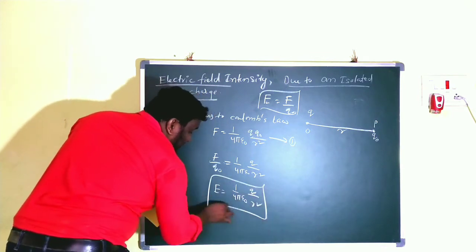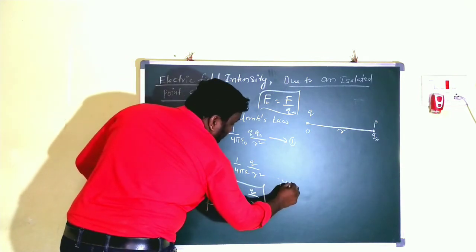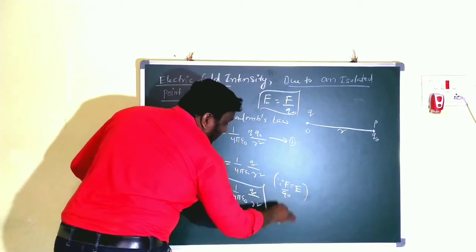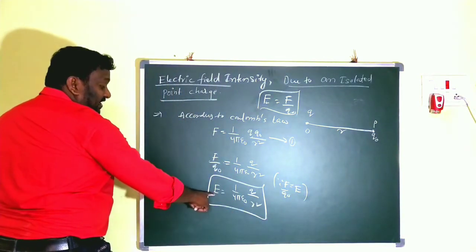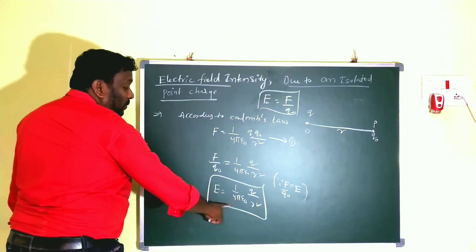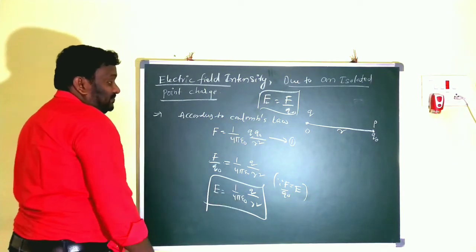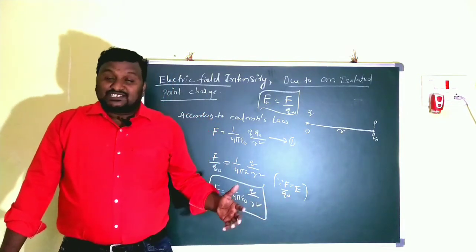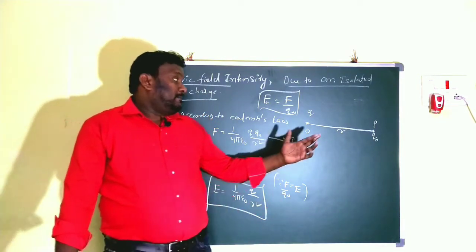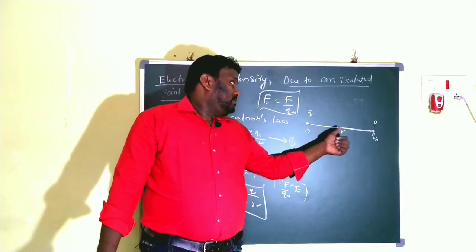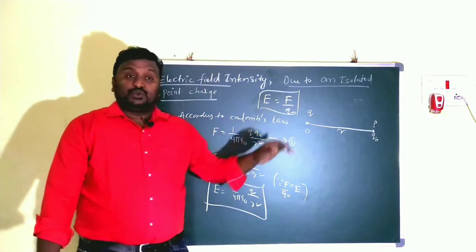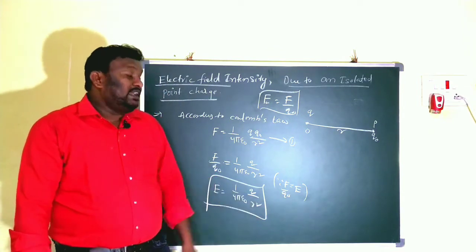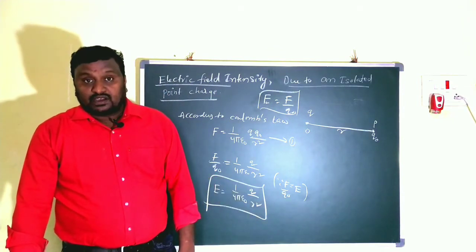Why? Because F by Q naught is E, the electric field intensity. Then E is equal to 1 by 4 pi epsilon naught Q by R square. This is the equation for electric field intensity at a point P because of Q. Clear, children?